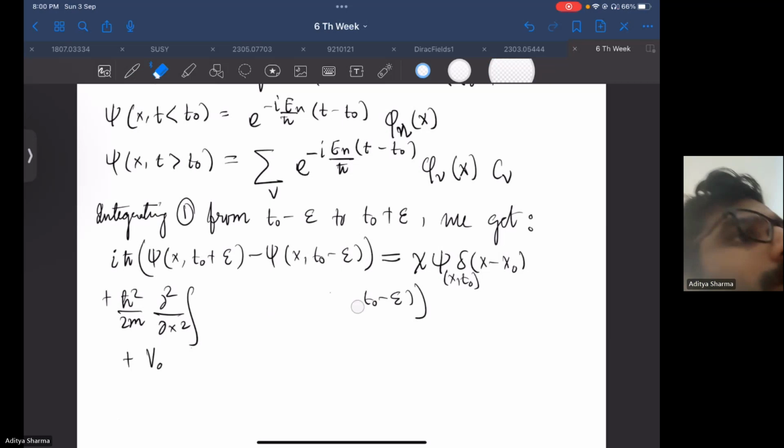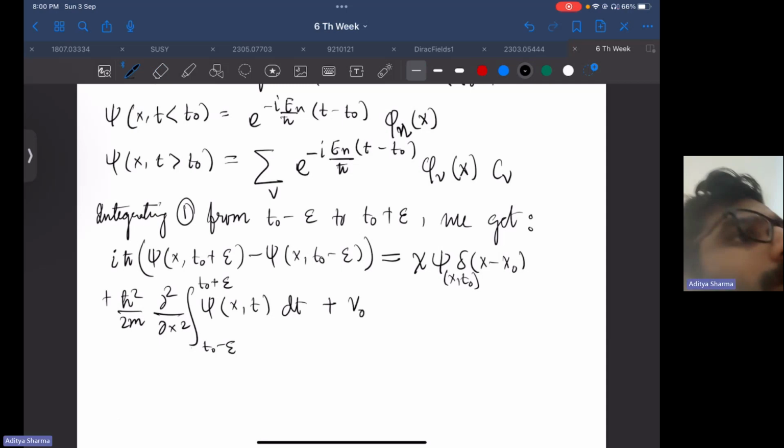The same thing happens with this term. Now we take epsilon tends to 0, and these parts will go away, since this is in the integral.